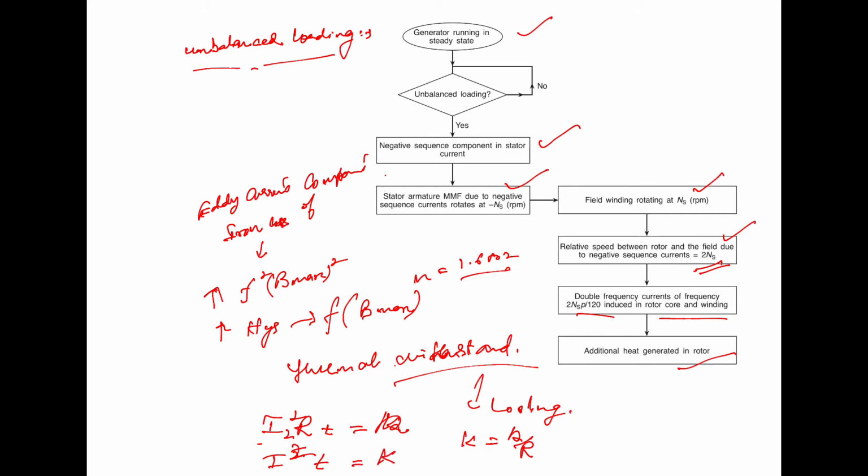In other words, the time t for which the current I2 can be allowed to flow should be less than or equal to k divided by I2 square. This is known as the current time characteristics.